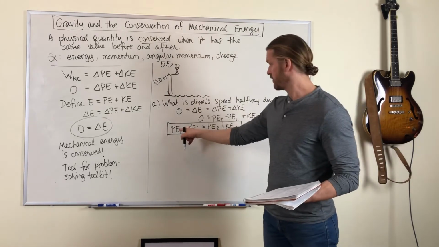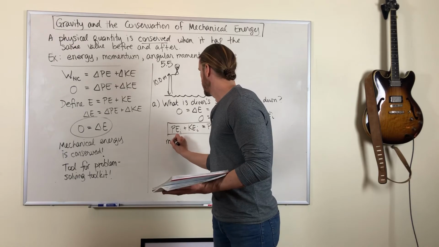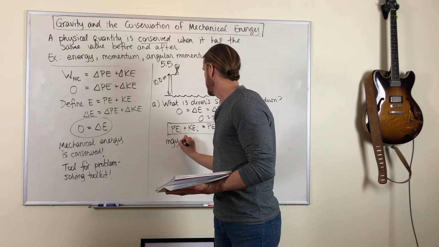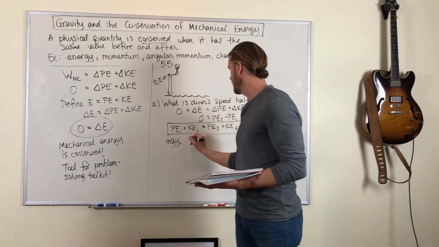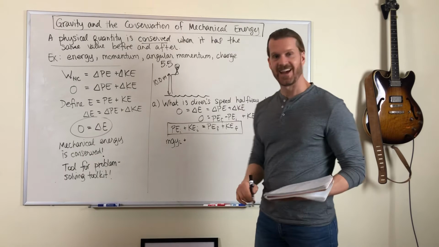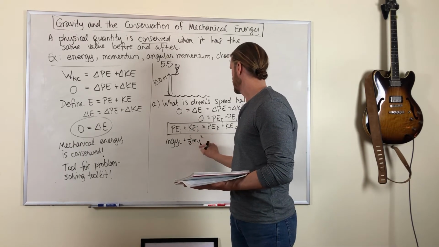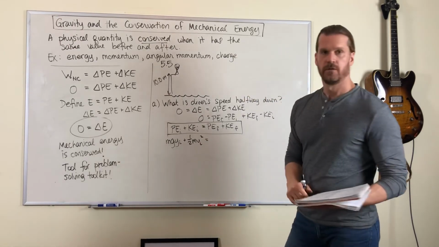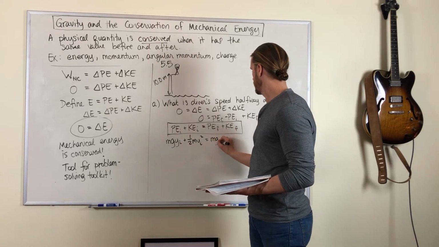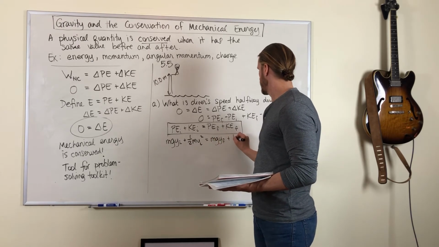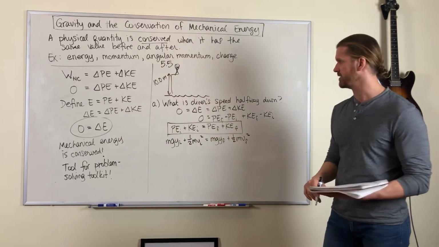So we just learned the formula for gravitational potential energy. It's mgy, and I'll write y initial for the initial height of the diver. We've learned a formula for kinetic energy. It's 1/2 mv squared. There's v initial. And similarly for the final potential energy, mgy final, and 1/2 mv final squared for the final kinetic energy.